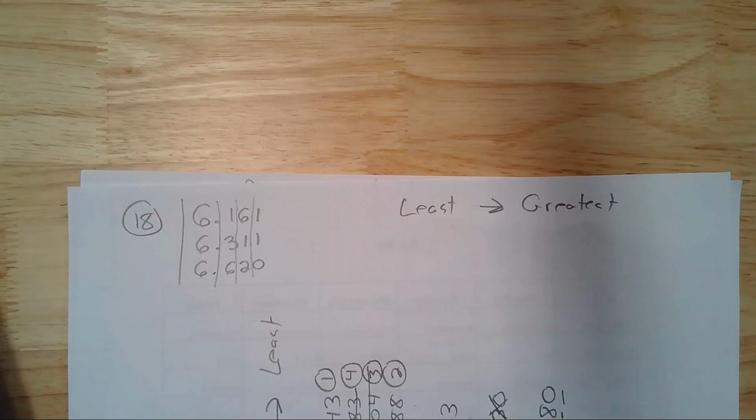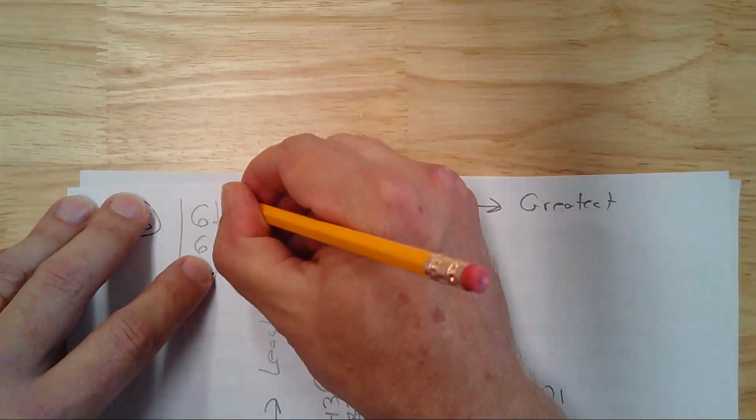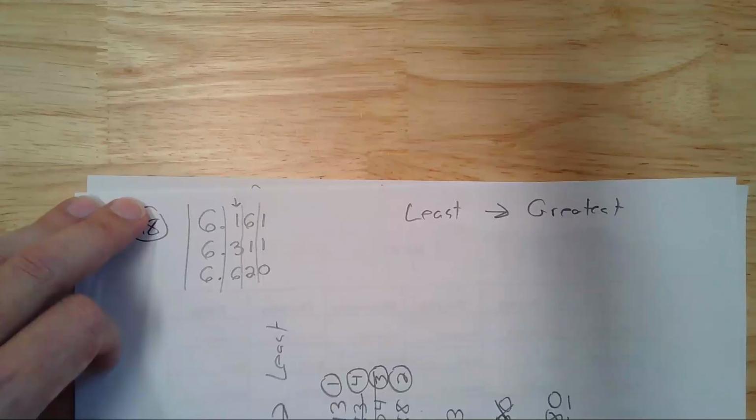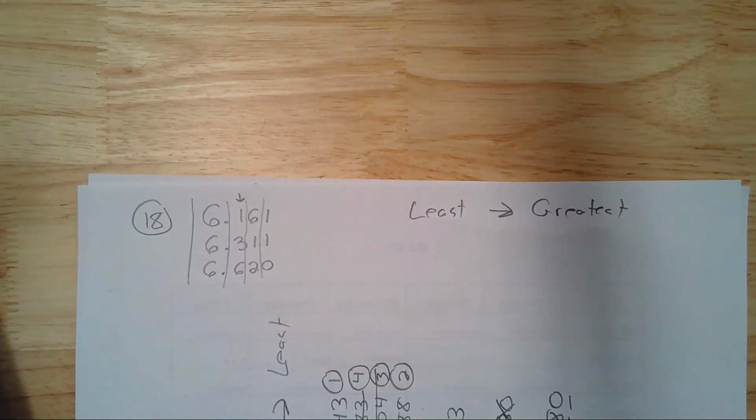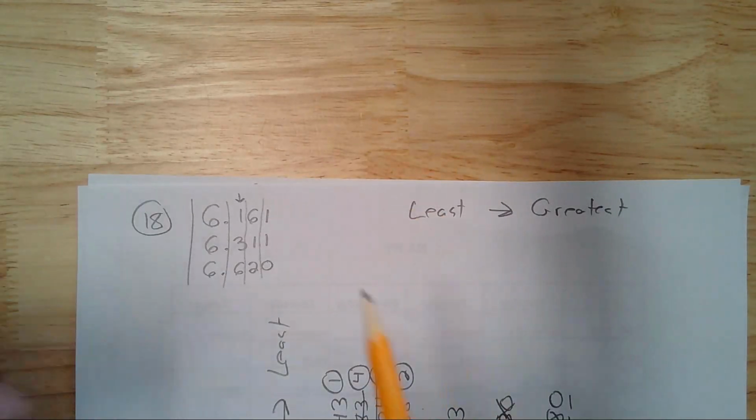Which place value is where the answers are? The tenths column. We're not going to learn anything in the ones column, are we? They're all 6. Right? So of these 3 here, number 1, number 2, or number 3, which one's the smallest, Dominic?